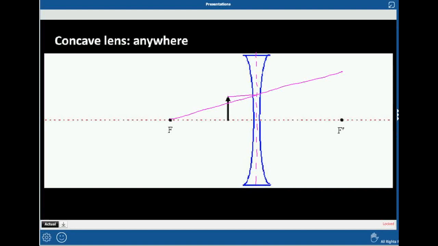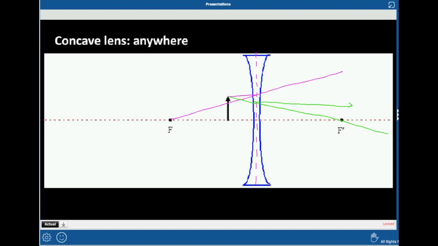Then do another one. So for this one, we're going to go angled through this focal point. So I'll try my best to get it to be straight. Here we go. And then this should be straight like that, but it doesn't look super horizontal.